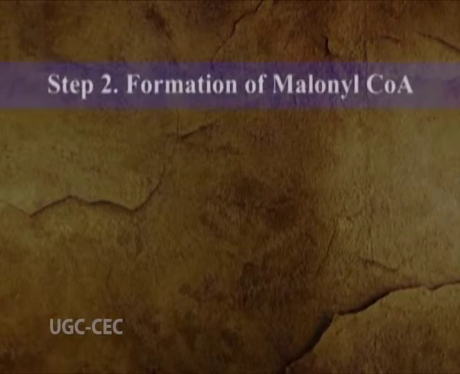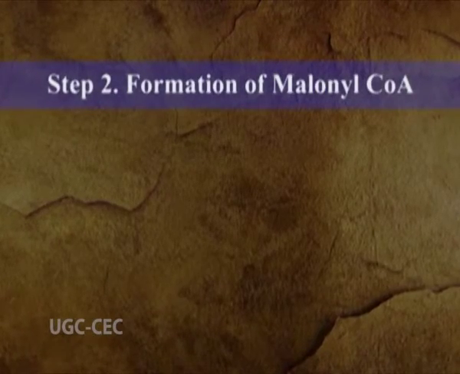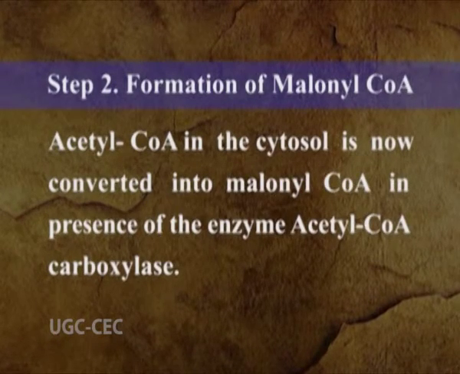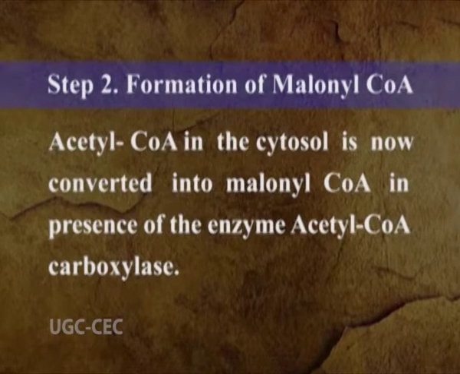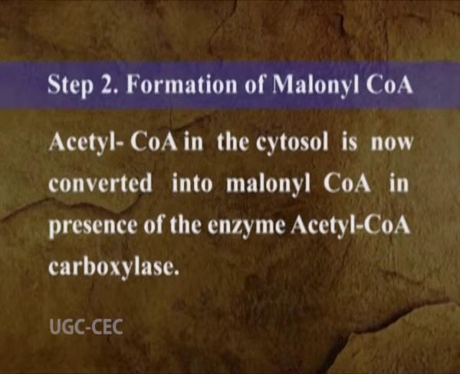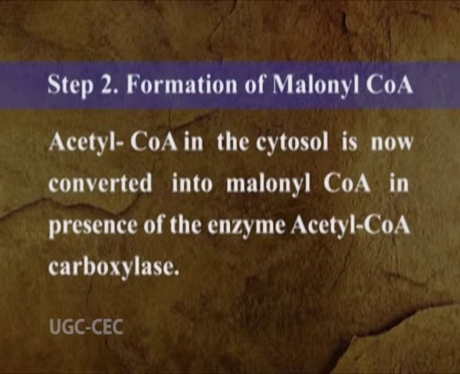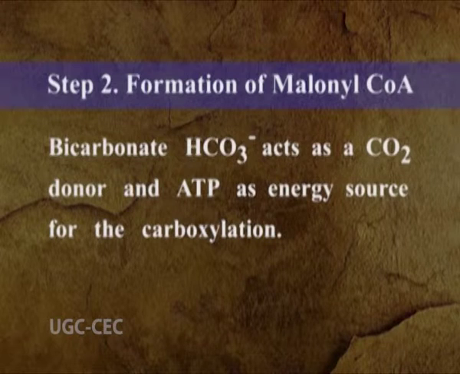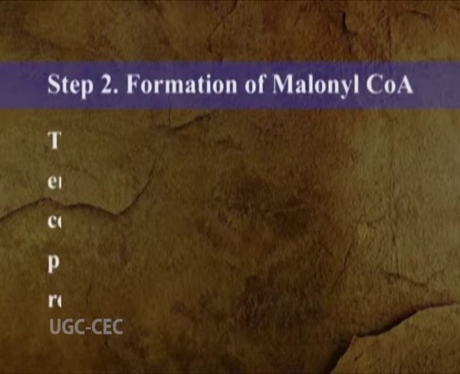The second step is the formation of malonyl-CoA. Acetyl-CoA in the cytosol is converted into malonyl-CoA in the presence of the enzyme acetyl-CoA carboxylase. In this reaction, bicarbonate HCO3 acts as a carbon dioxide donor and ATP as the energy source for the carboxylation.